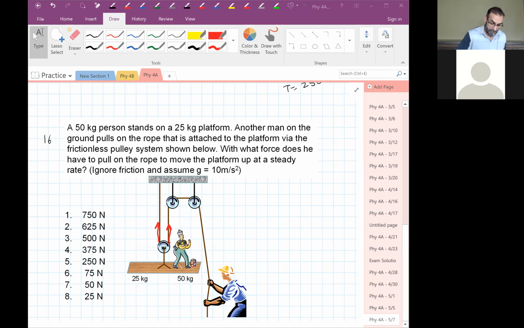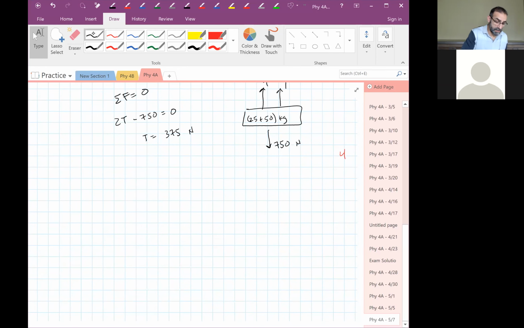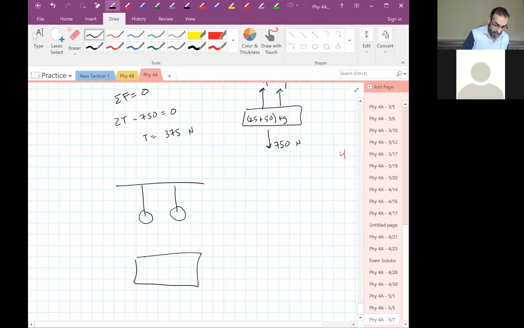We need another example. I'm sensing we need another example. How about we have 2 pulleys hanging down, and we run a rope. We have a big box here, and our rope is going, is that what I want to do?